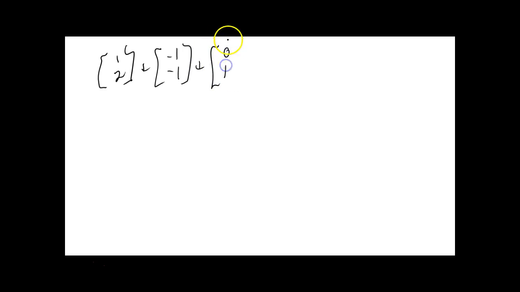To obtain the sum of 4 matrices, they have to be the same size. Add the corresponding entries as shown, and it's pretty simple. 1, 2 plus -1, -1 plus 0, 1 plus 2, -3.